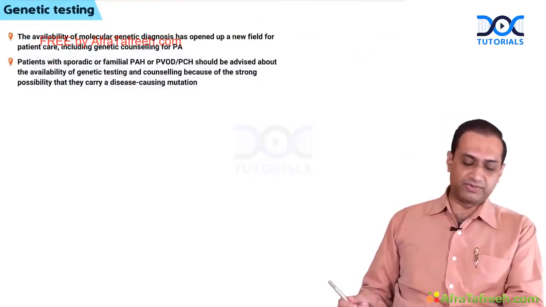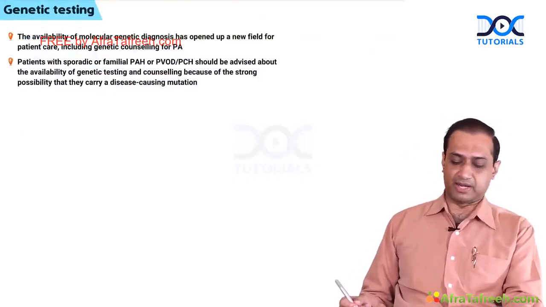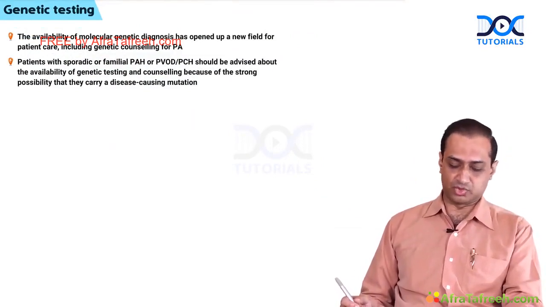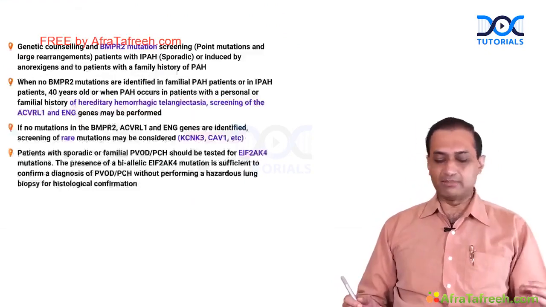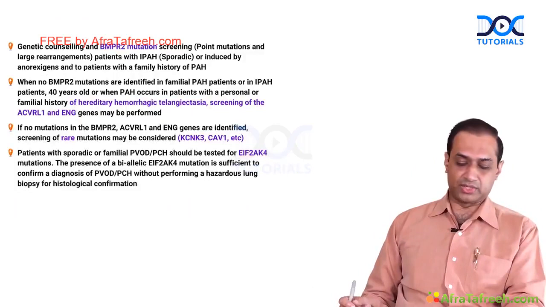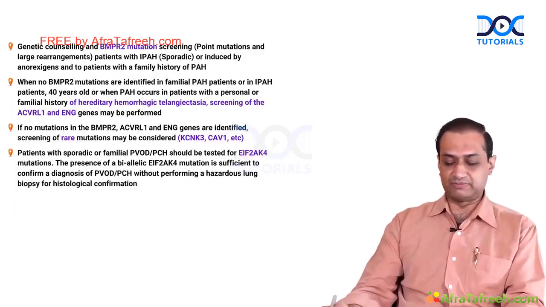Molecular assessment and genetic counseling for pulmonary arterial hypertension are also recommended. Patients with familial or sporadic veno-occlusive disease or pulmonary capillary hemangiomatosis should be advised to undergo the same. BMPR2 mutation is common in patients with idiopathic PH, PH induced by anorexigens, or a family history of PH.